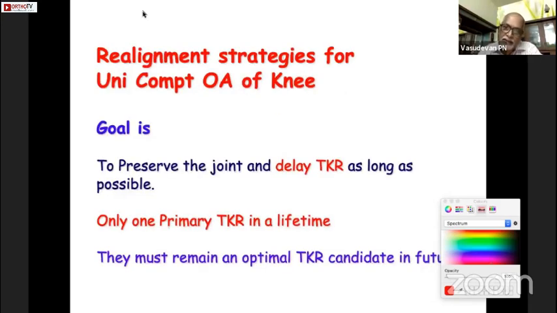So in the realignment strategies for unicompartmental osteoarthritis, the goal is to preserve the knee joint and delay TKR as long as possible. And if possible, one human being should have only one primary TKR in their lifetime, preferably after 70 years. And our aim is that they must remain an optimal TKR candidate in future.